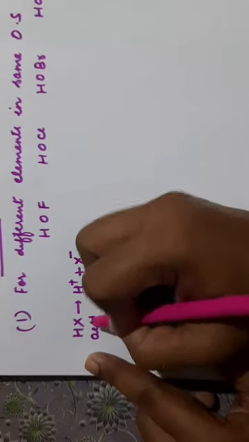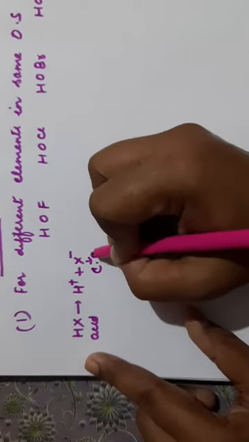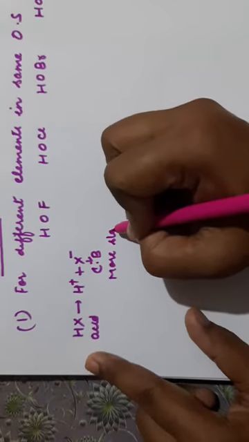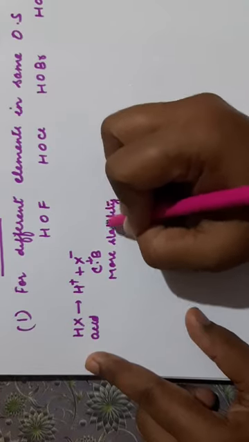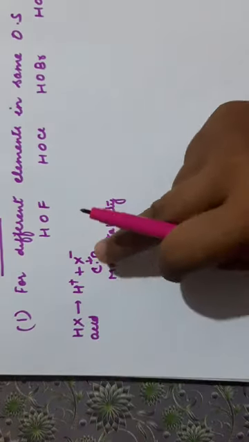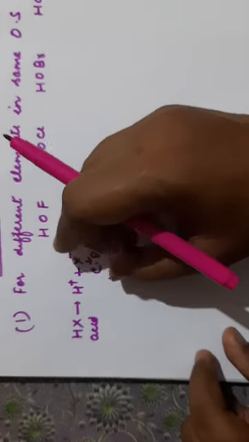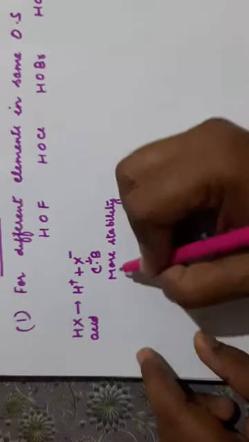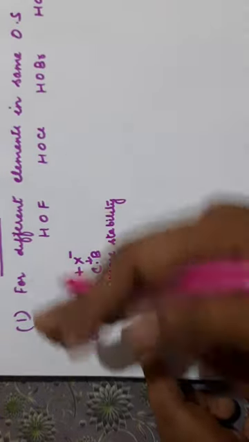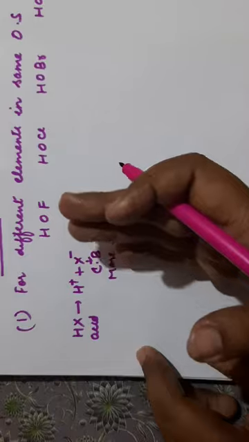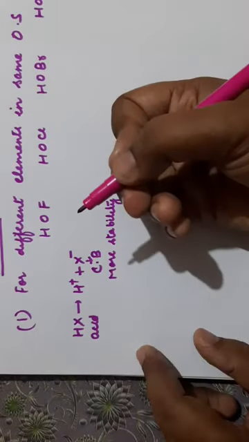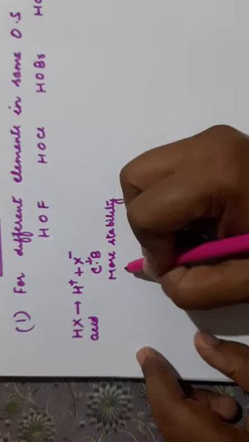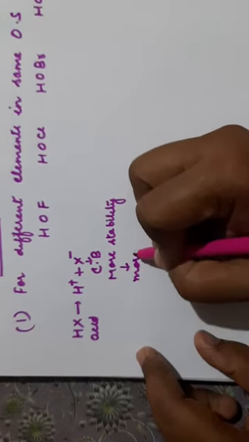If it is an acid, this will be a base, the conjugate base. The more stable this X minus or any anion conjugate base is, the stronger the acid will be. So the more the stability of the conjugate base, the more the equilibrium will shift in the forward direction, and more will be the release of proton. So greater the stability of the conjugate base, more is the acidic nature.